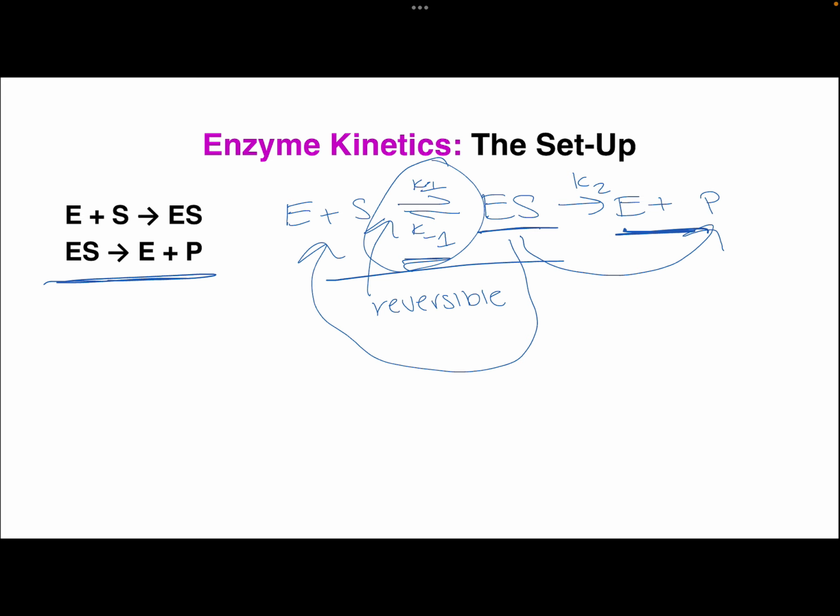Now, what are these ks? These ks are each just the rate constant, that same rate constant that we've been talking about, for each of these individual processes.